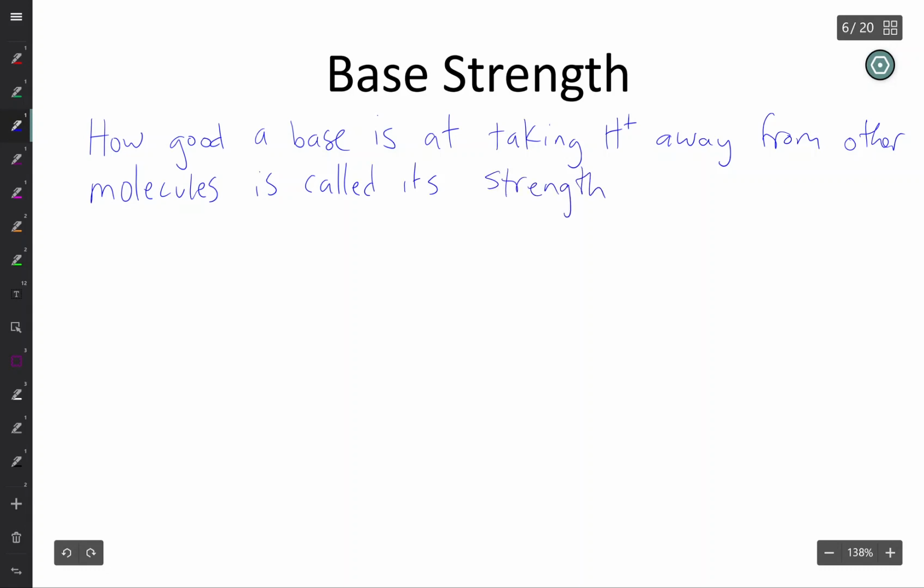Base strength is a little more intuitive because we think of strength as the ability to hold on to something or go grab something.